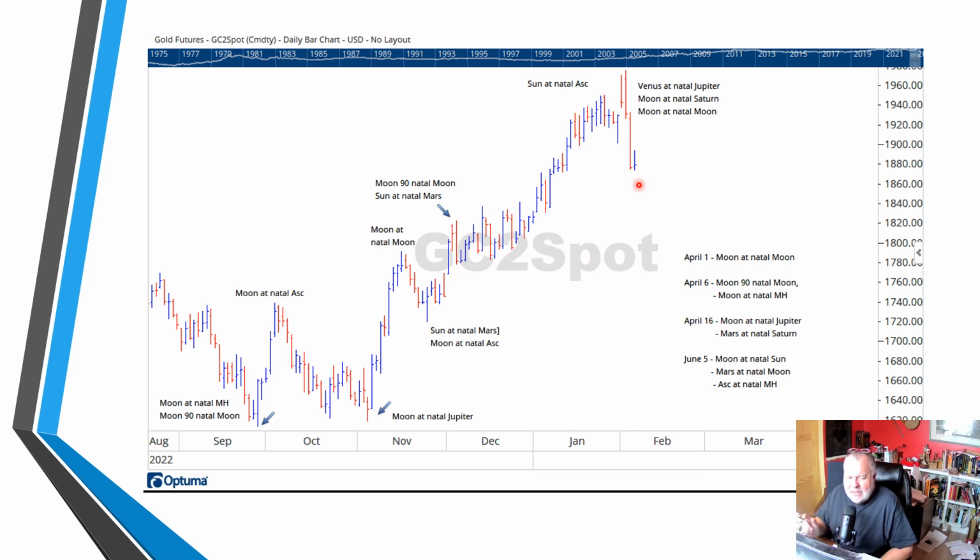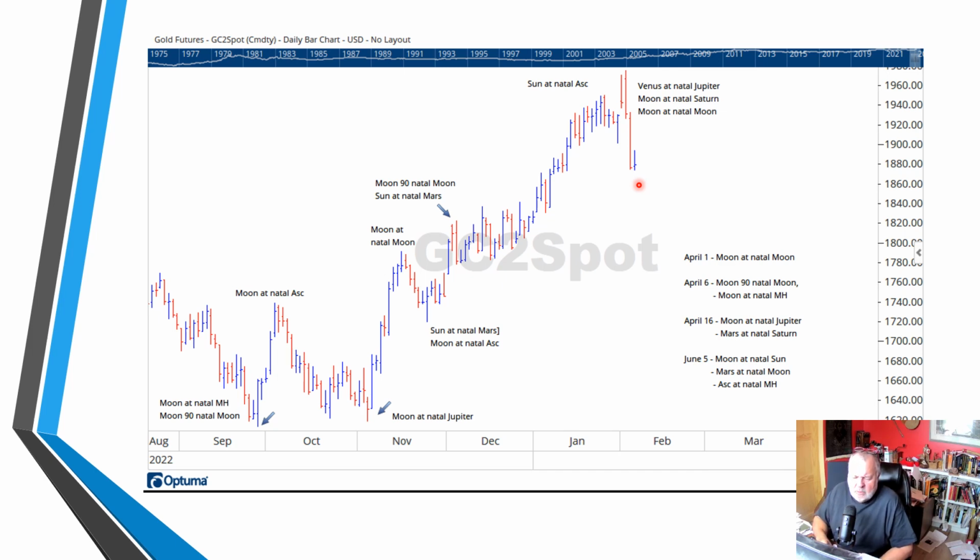I don't know what's happening in April. I hope nothing. But when I see 2 commodities, both indicating some significant swing points in the month of April, I get a little bit worried.